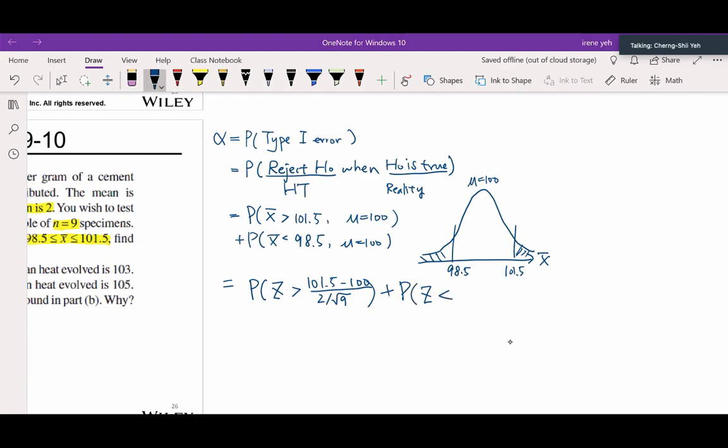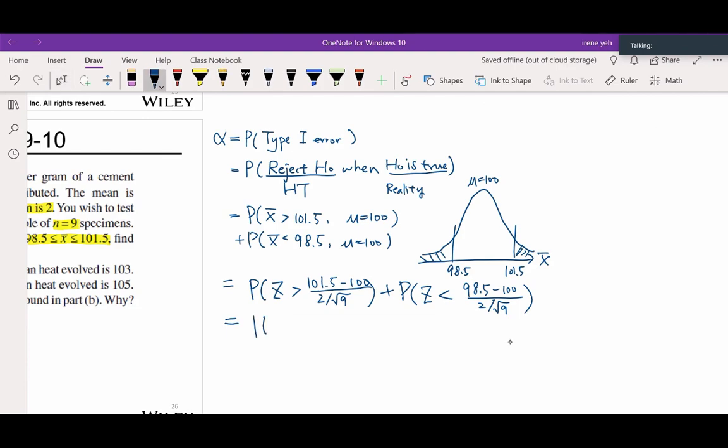Less than 98.5, subtract the population mean, standard deviation, size. Okay. Once you have the equation established, the rest of the calculation is fairly straightforward.